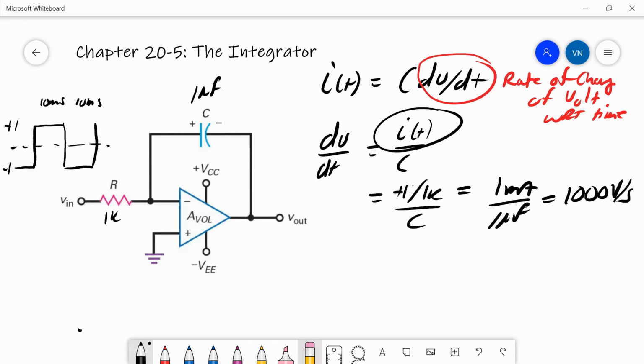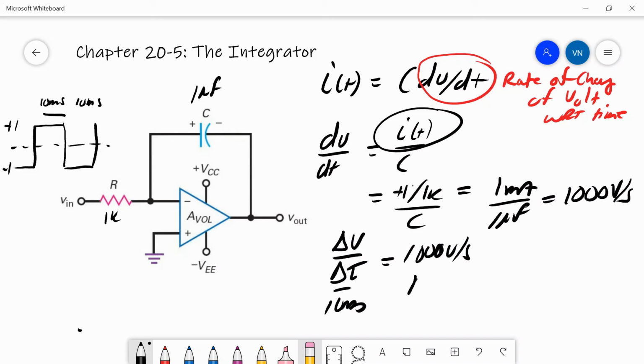And how long do I let it rise? Well, if I'm positive for 10 milliseconds, then it goes negative for 10 milliseconds. So the dV/dt is delta V over delta T. If the T is 10 milliseconds, that's 1,000 volts per second.